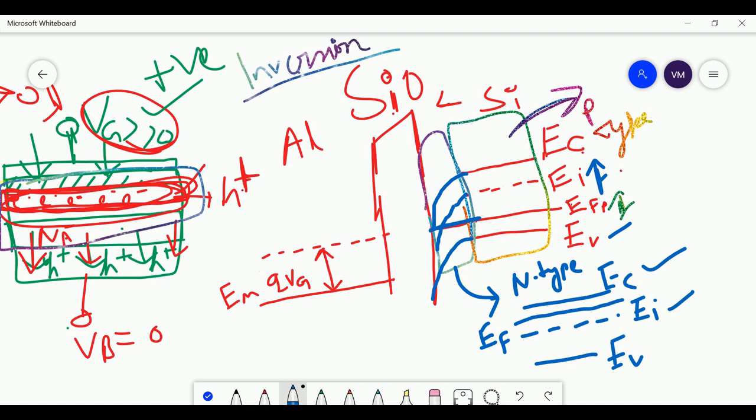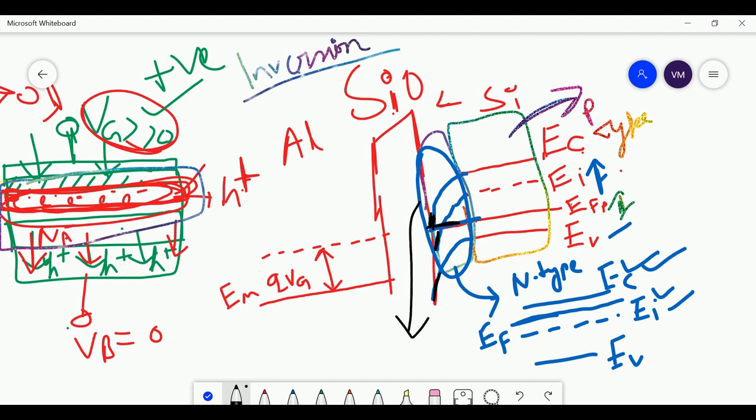The same thing I have drawn at the surface of the silicon substrate. If you can see, the Fermi level is between the conduction band and the intrinsic band, and here also, I'm drawing with a different pen, the Fermi level is closer to the conduction band, between the conduction band and the intrinsic band, and it is away from the valence band.